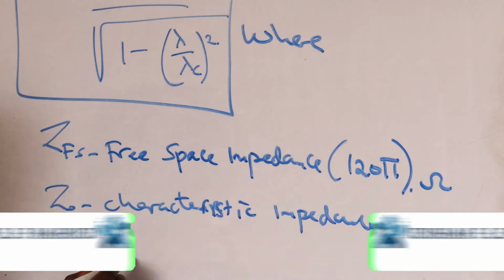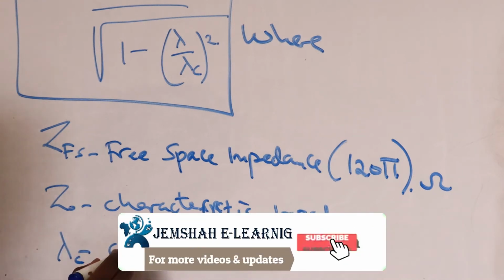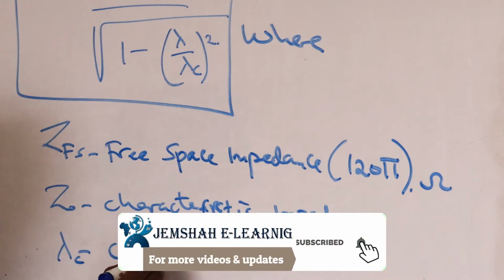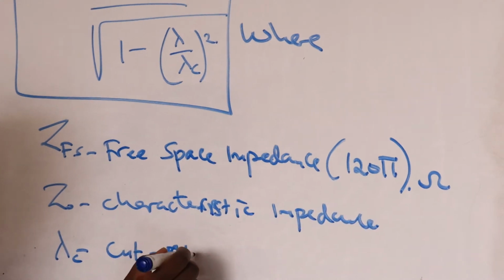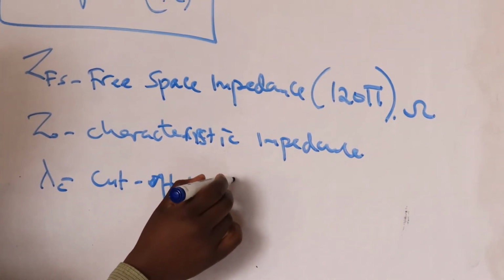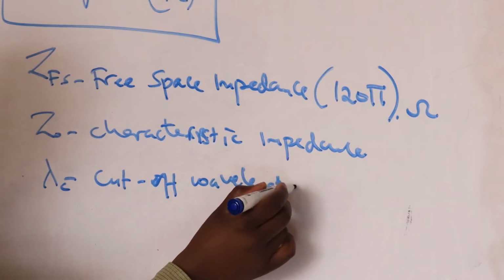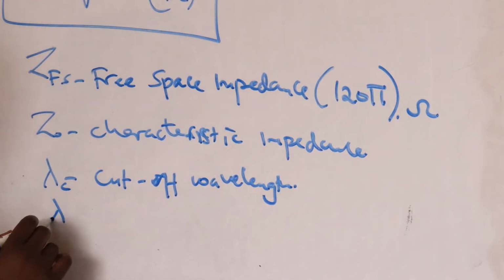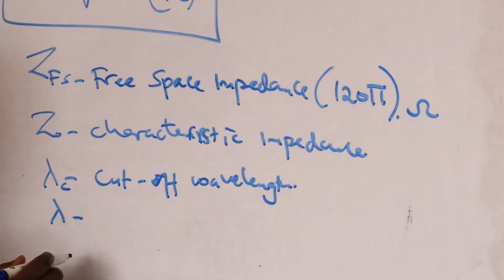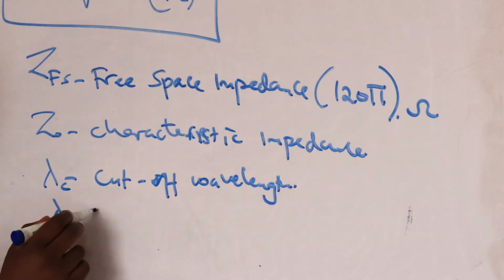Lambda C is the cut-off wavelength, and lambda is the free space wavelength.